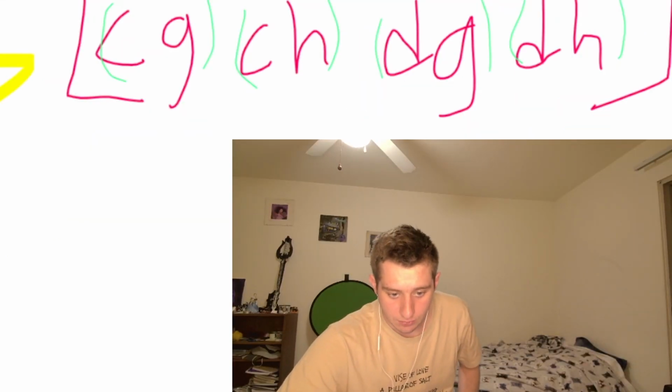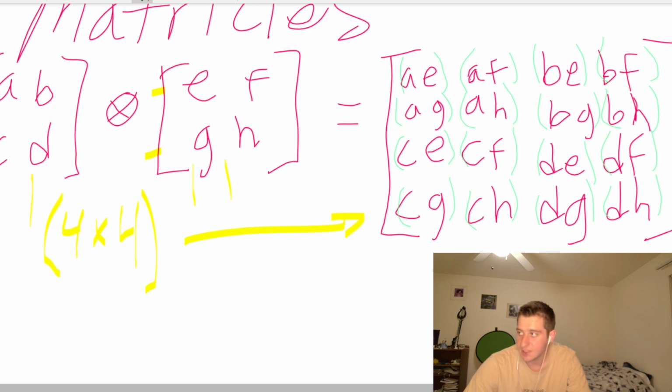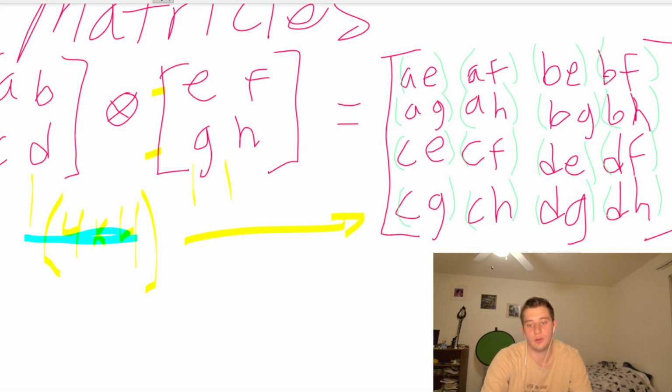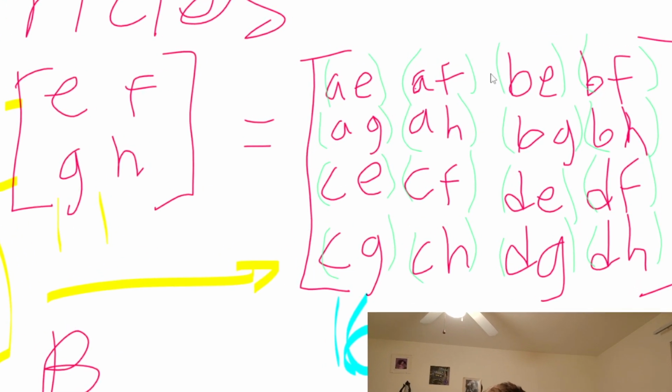And as we said over here, as conjectured, the 4 by 4 does turn into a 16 entry situation, right? So call this A tensor B, right? And that's what we get.